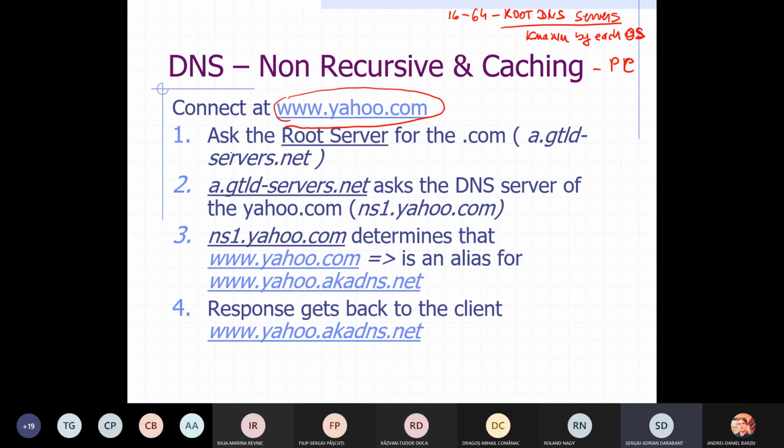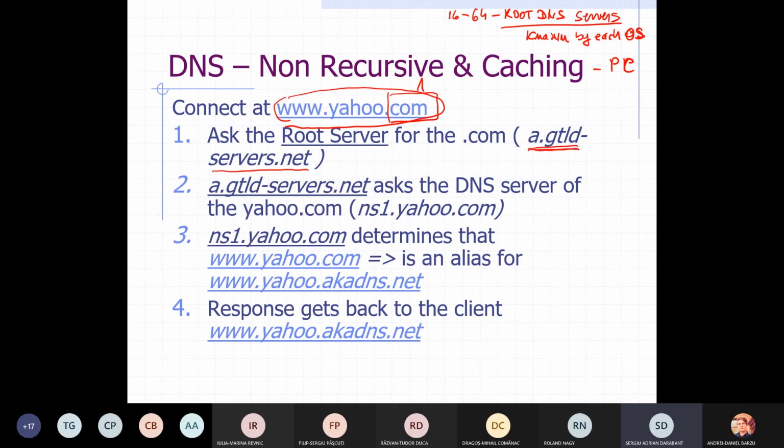So the first thing my browser will do is separate this part, and then ask the root server about the .com domain. Suppose it gets back that the DNS server answering for .com is agtld.servers.net.